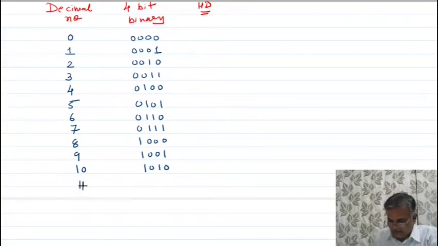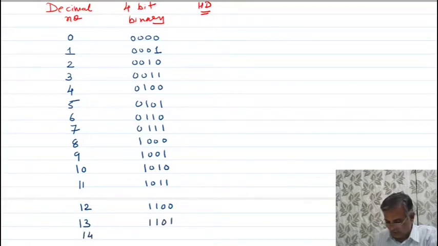For 11 we write 1011. For 12 we write 1100. For 13, 1101. For 14, 1110. And for 15, 1111.